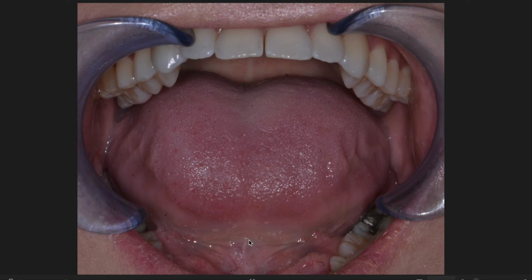So there are many things that we look for when you're sitting in the chair during the new patient exam, consult, or hygiene exam that could be suspicious. And then what we talked about from a symptom standpoint, we want to confirm if there's any anatomical correlation to the symptoms that you're feeling.